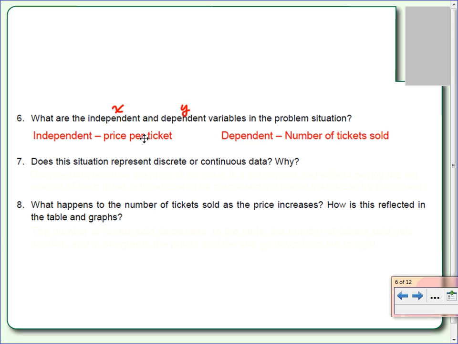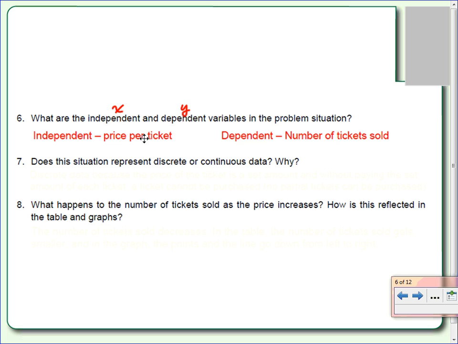I don't know if you guys remember, but last week when we did those strips where we had to match up and glue them onto our paper, I gave you an independent and dependent. You'll notice here how these match up. The number of tickets that are sold is going to depend. What does it depend on? It depends on the price.